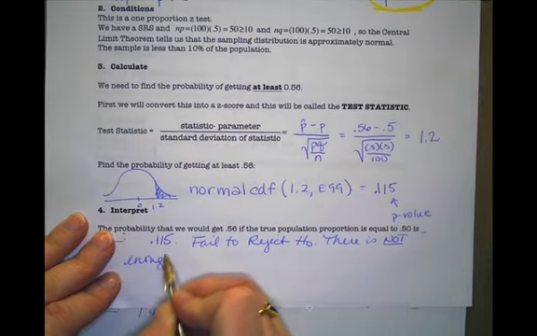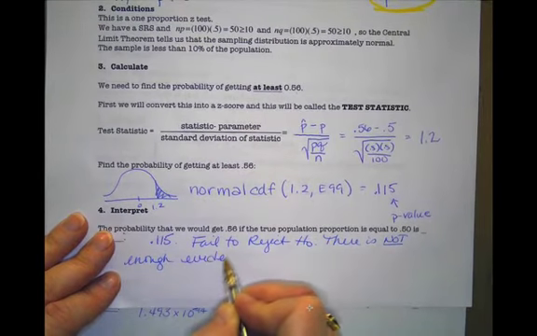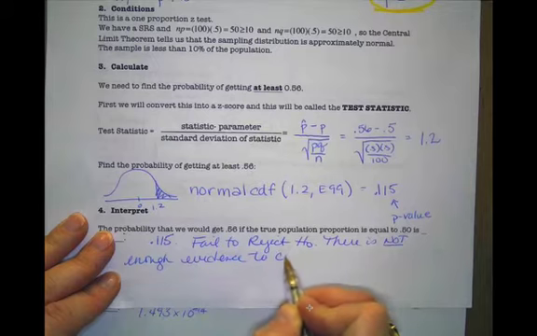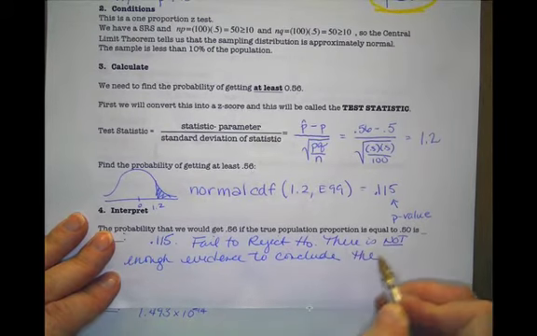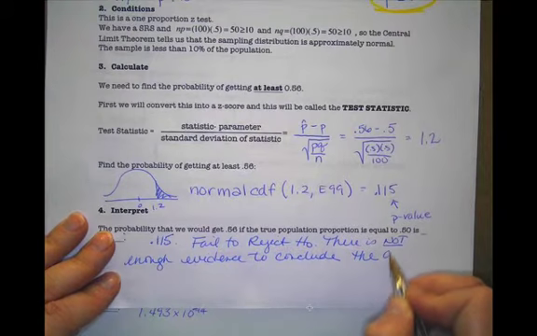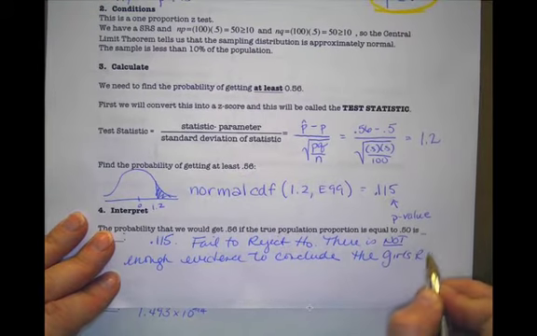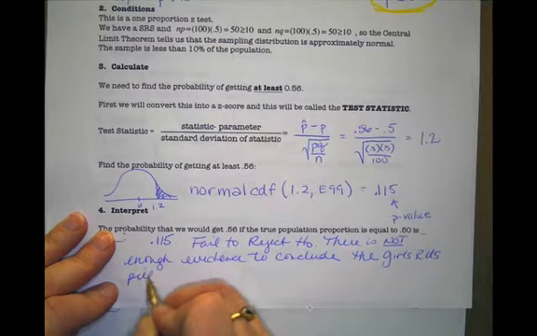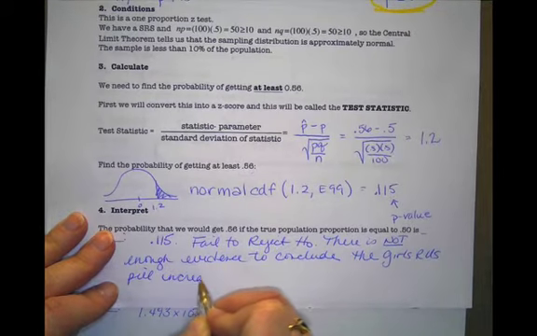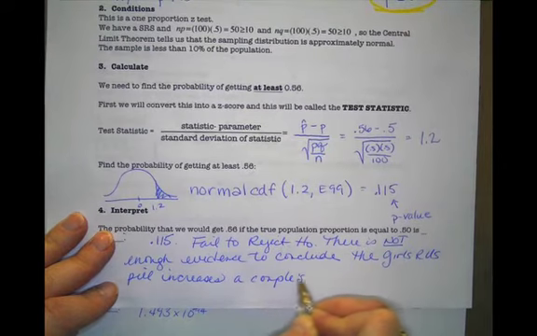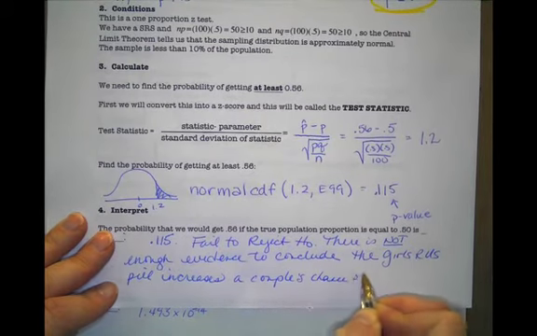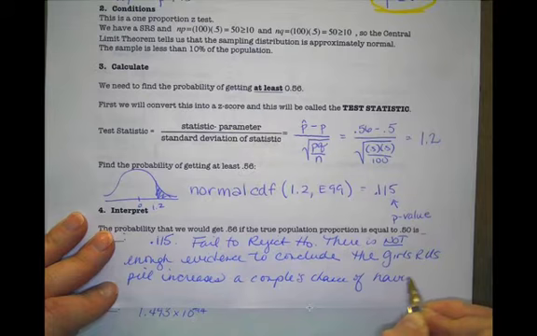enough evidence to conclude the Girls R Us pill increases a couple's chance of having a girl.